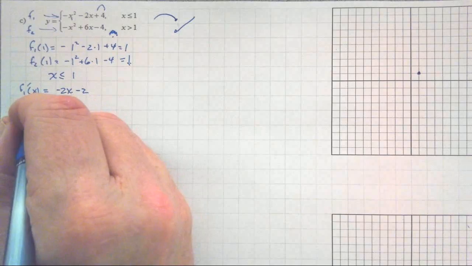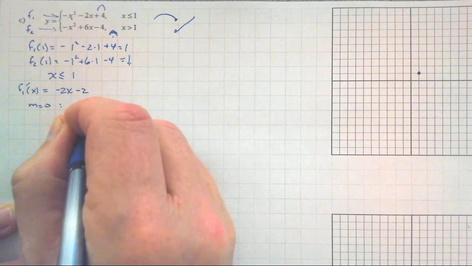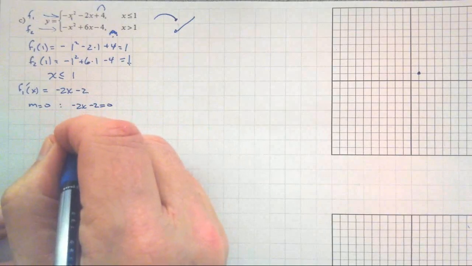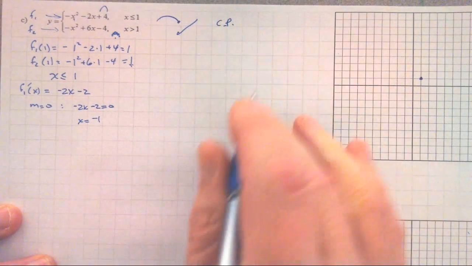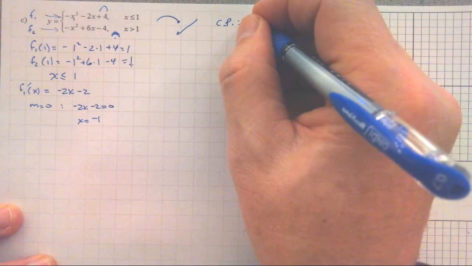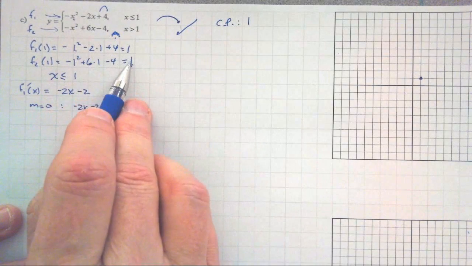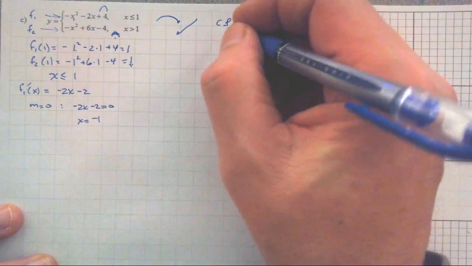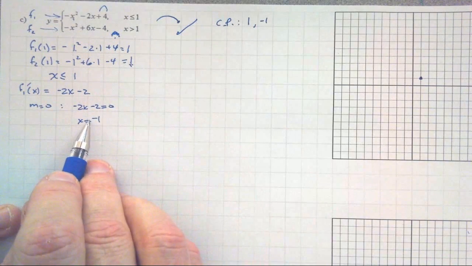But what I want to know is when is the slope 0? The slope is 0 when negative 2x minus 2 equals 0, or when x equals negative 1. So critical points to test would include 1, which is our potential corner point, and negative 1, which is where the graph levels off.